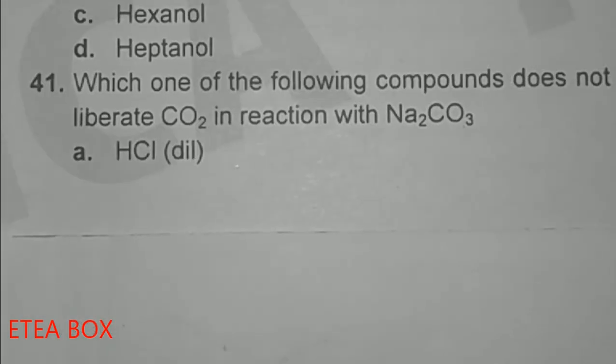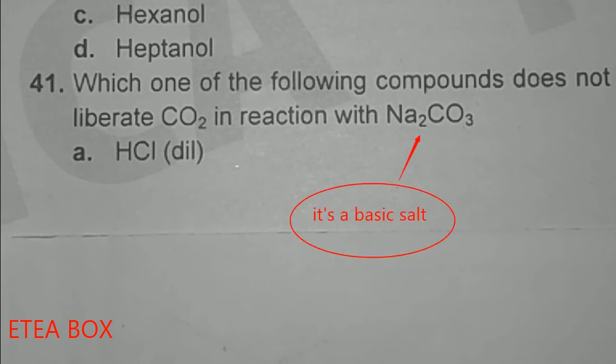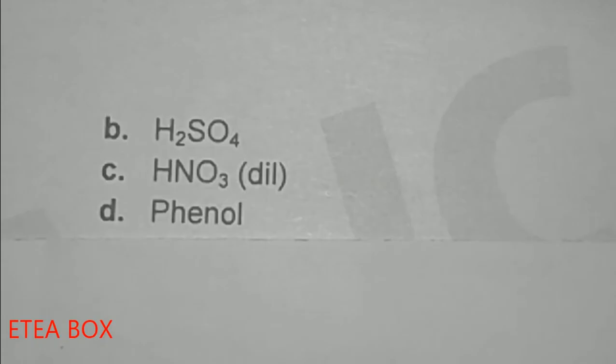Which one of the following compounds does not liberate carbon dioxide in reaction with Na2CO3, sodium carbonate? Here sodium carbonate is a weak base, and HCl is a stronger acid. When we react these two, NaCl, water and carbon dioxide will be produced.